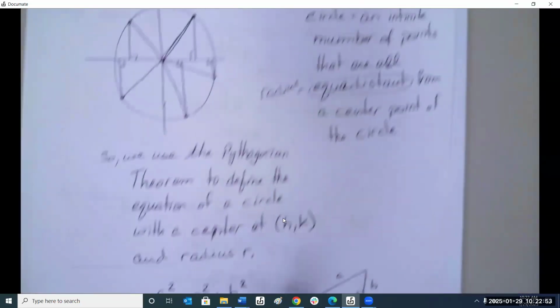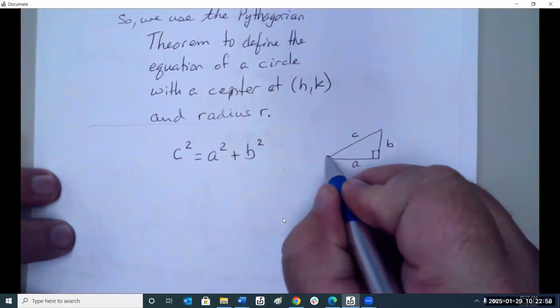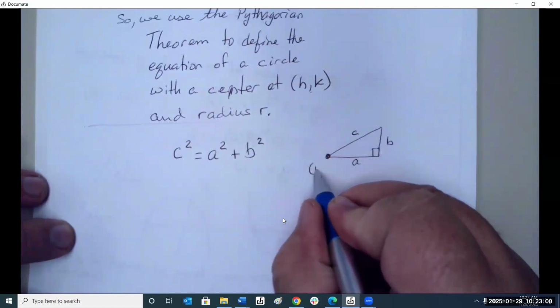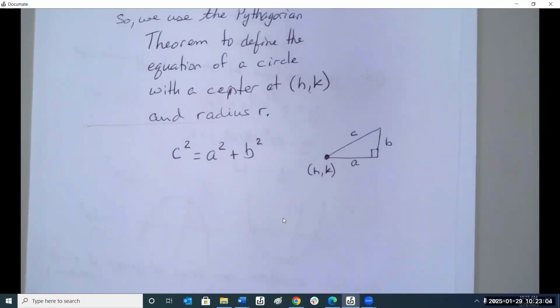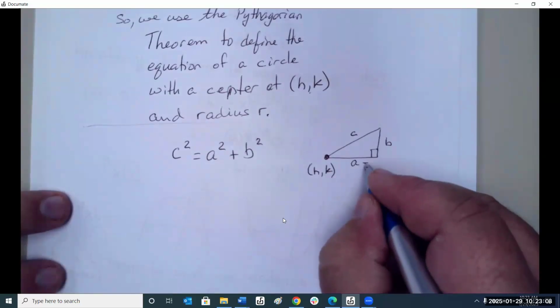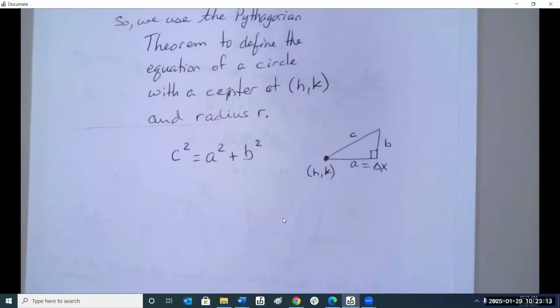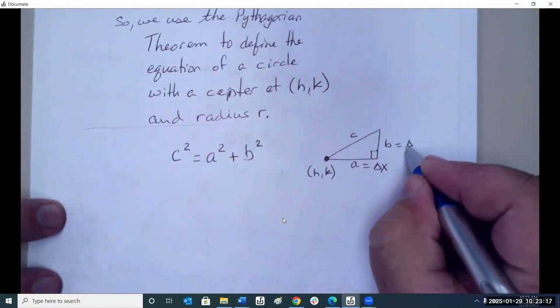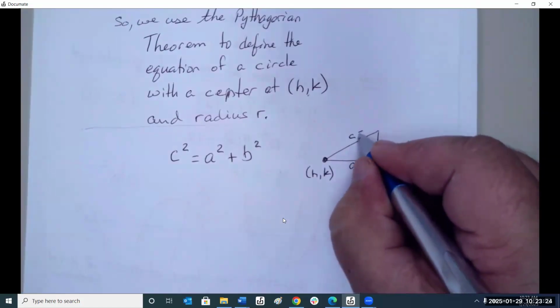So looking at our pictures here, this is going to be our center, (h, k). A deals with the change of x values. B is the change of the vertical values, the y values. And that would make c equal to what?